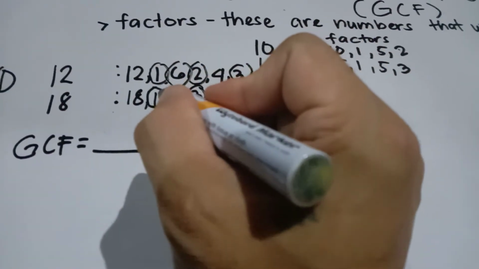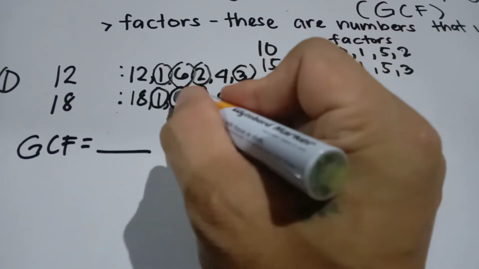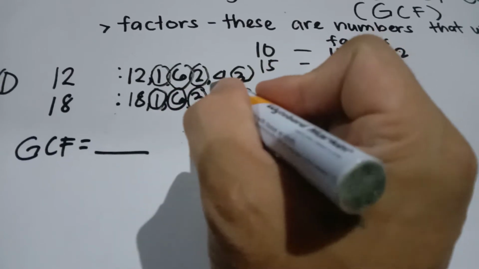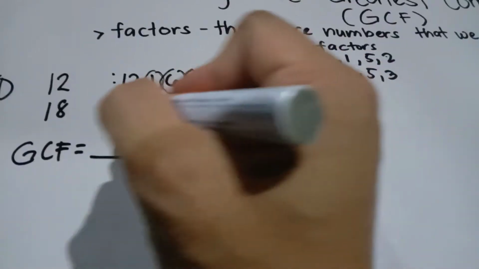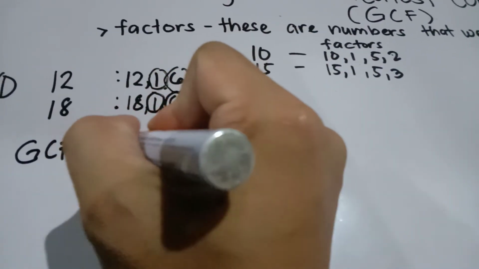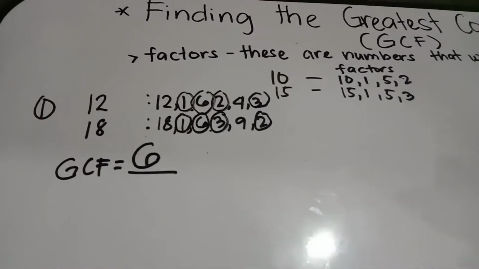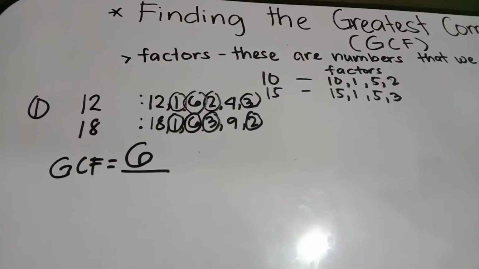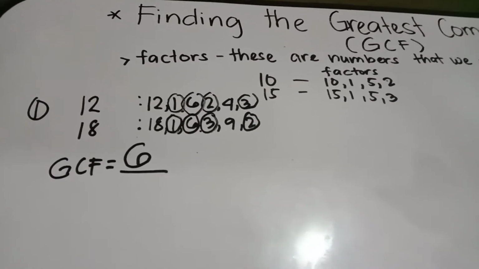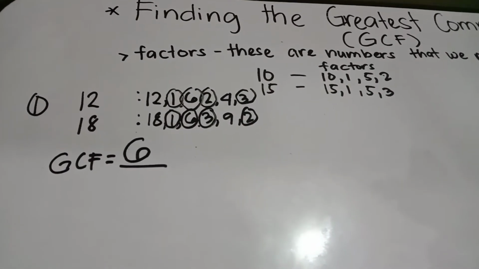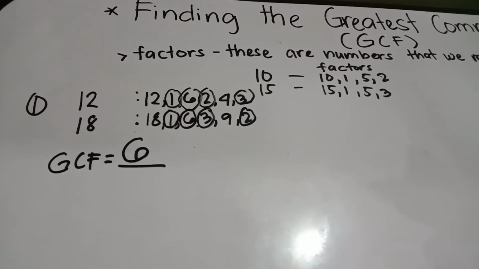So out of the 4 common factors, 6 is the greatest common factor. Therefore, the GCF of 12 and 18 is 6.